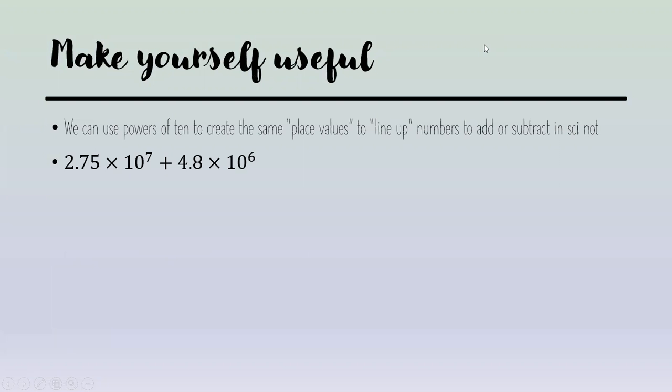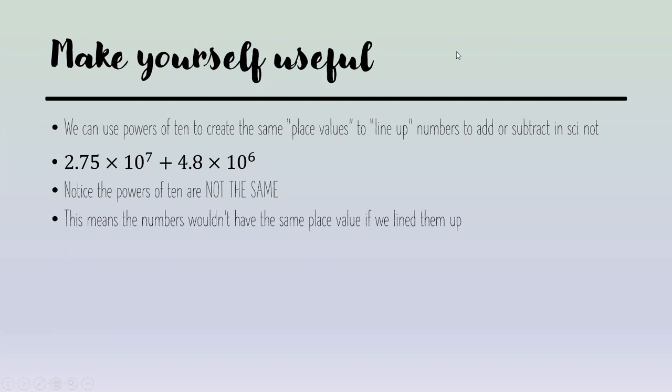Okay, so let's say we have numbers with different powers of 10. We cannot just line them up and add them. That does not work. And this is why. If we lined them up, it would look like our place values are lined up.